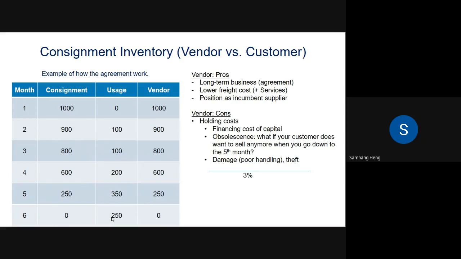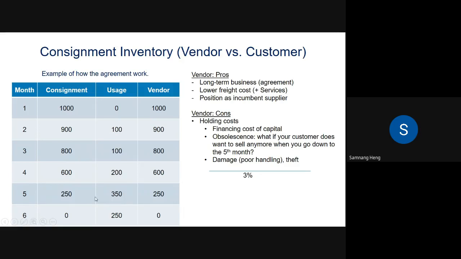Another point of the holding cost is called obsolescence. Sorry. So when, let's say, the consignment agreement takes long to sell all our products, sometimes 3 or 4, in our sample I said 6 months.